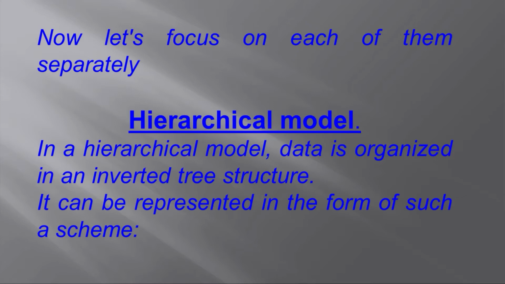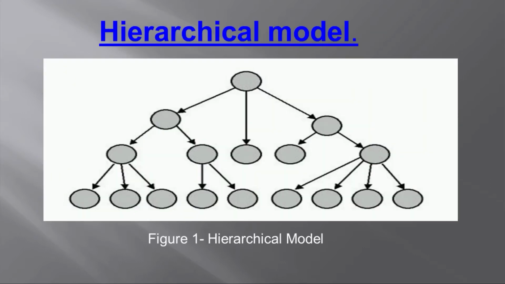In a hierarchical model, data is organized in an inverted tree structure. It can be represented in the form of such a scheme. In this picture, you can see the structure of the hierarchical model as a tree-like structure.